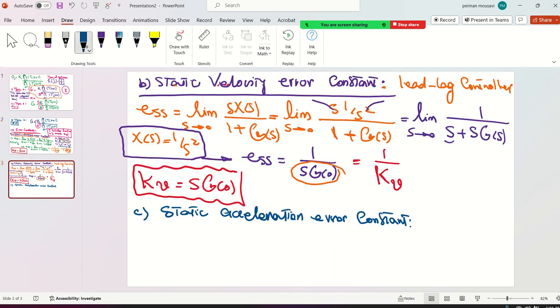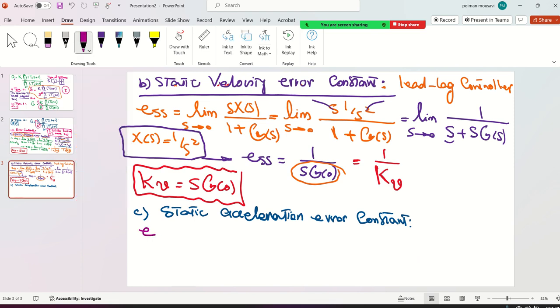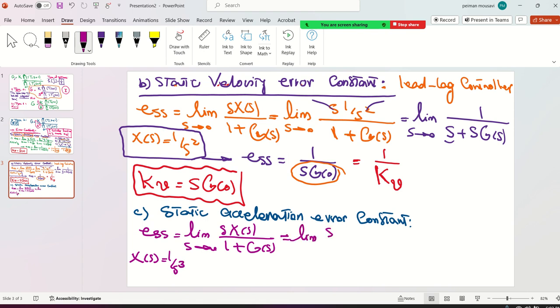ESS again is the limit of S X of S over 1 plus G of S when S goes to 0, using the final value theorem that I taught you. The difference is that X of S is the parabolic input, 1 over S cubed. Putting it here: the limit of S times 1 over S cubed over 1 plus G of S when S goes to 0.